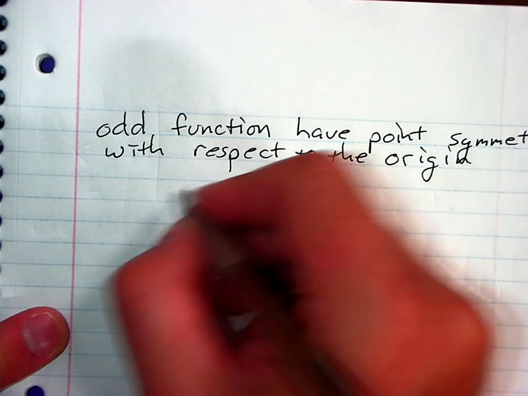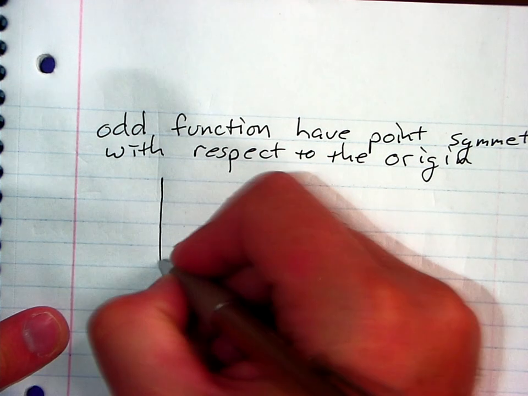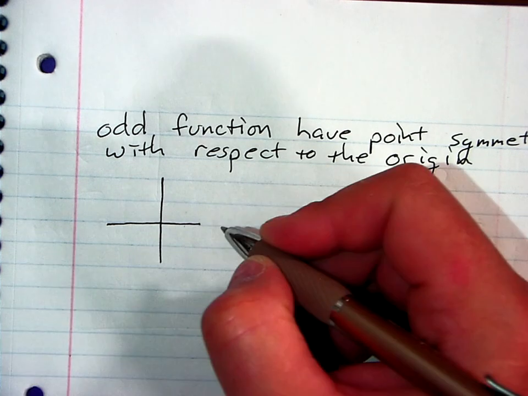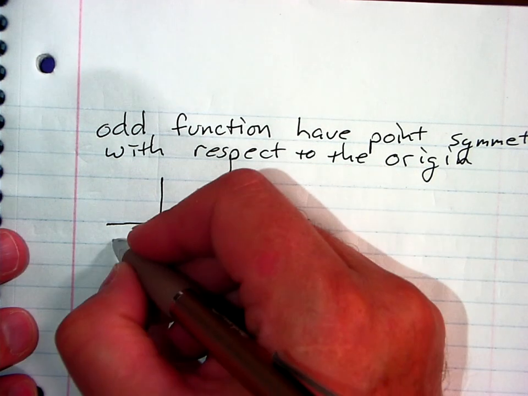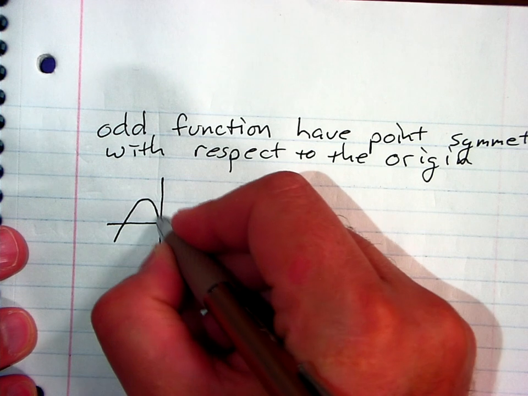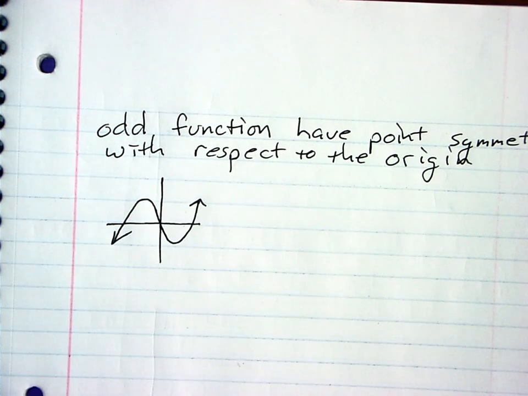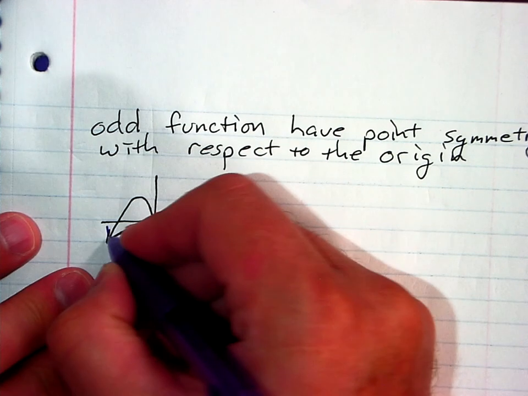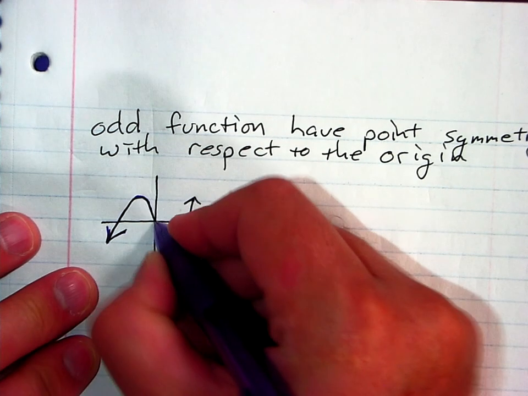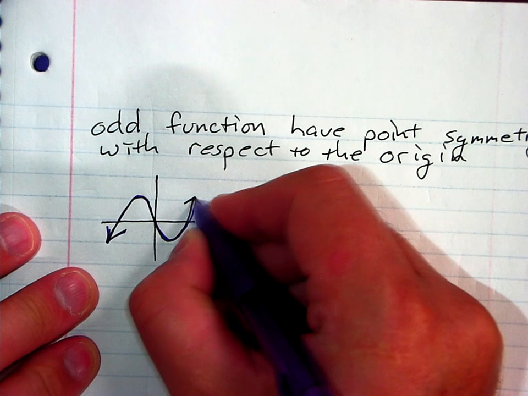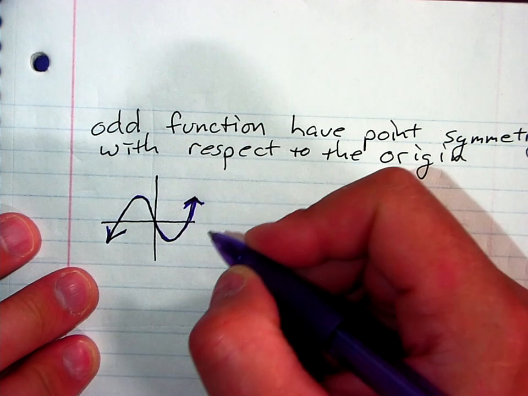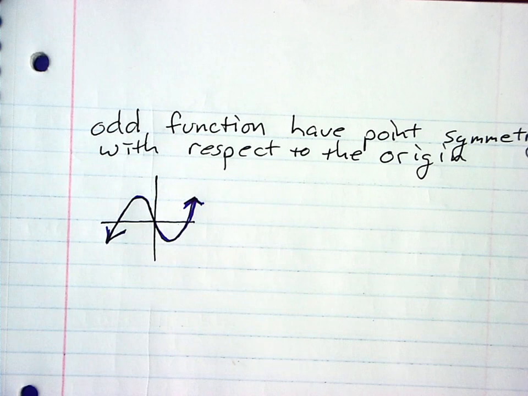So this was just like our example that I drew for you earlier. All right, so if we spun that 180 degrees, it would be exactly the same. So that is an odd function, right?